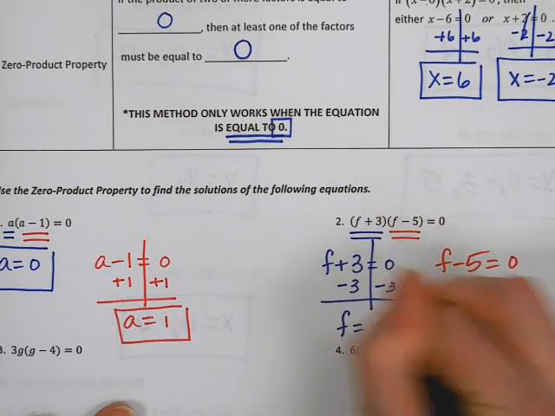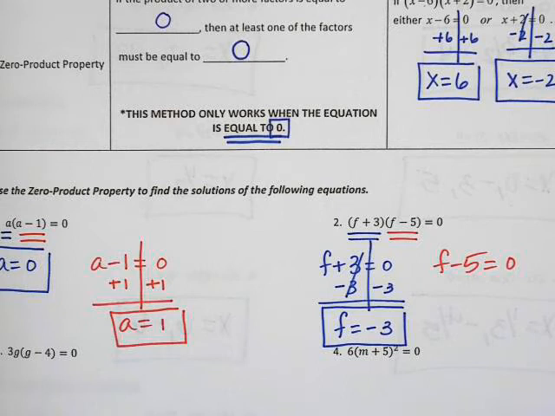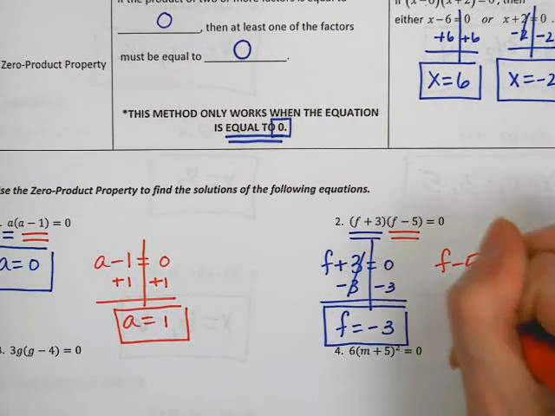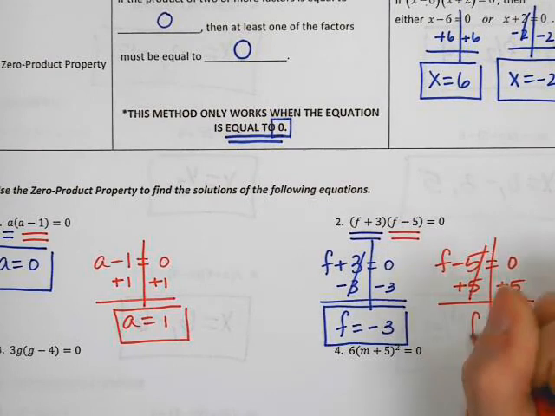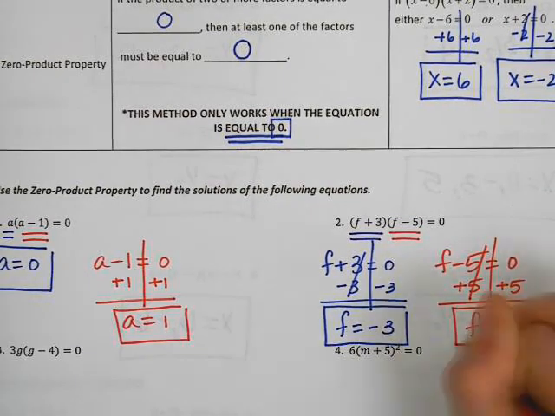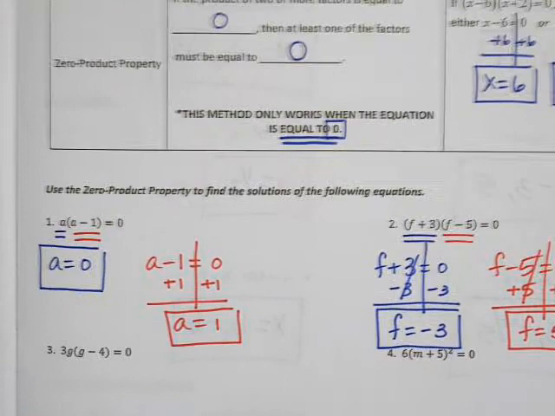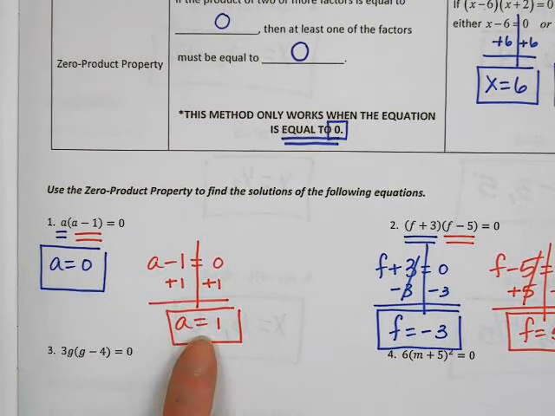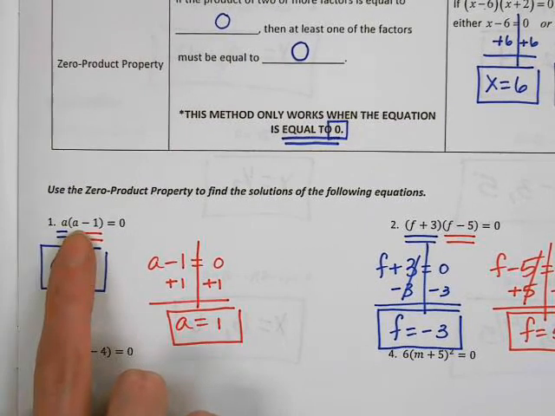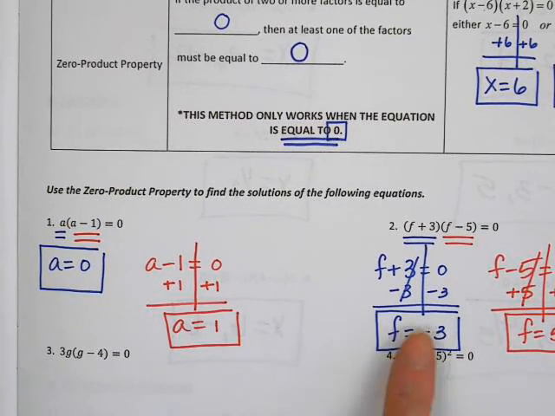So f would be negative 3. And this one we would draw the wall and add the 5. So f would be 5. So those are your two answers. And also another trick, however many variables you have, that's how many answers you'll have. So if there's two A's, you'll have two answers. If there's two F's, you'll have two answers.